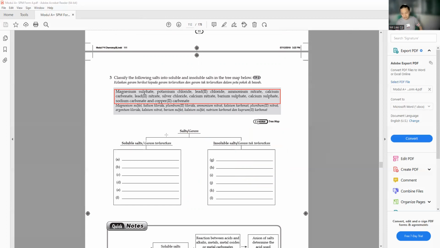I'll discuss in 5 minutes from now. Magnesium sulfate.